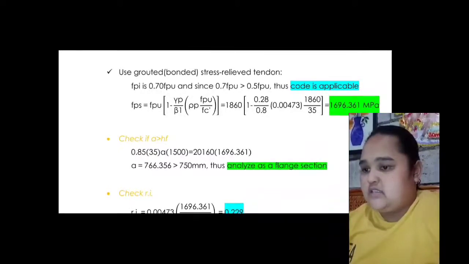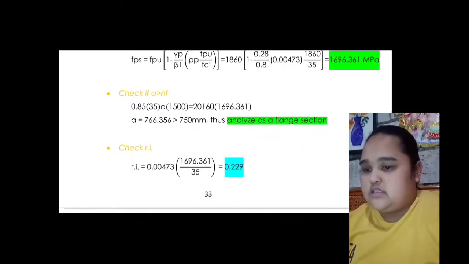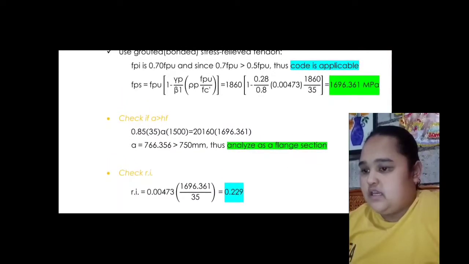Then check if A is greater than HF. 0.85 times 35 times A times 1.5 equal to 20,160 times 1,696.361. A is equal to 766.356, which is greater than 750 mm. Thus, it is analyzed as a flange section.